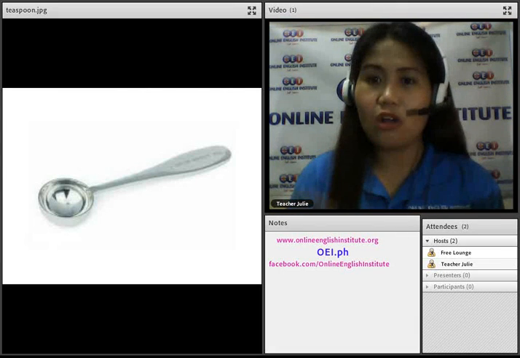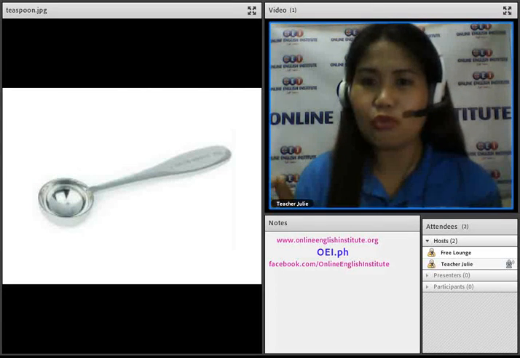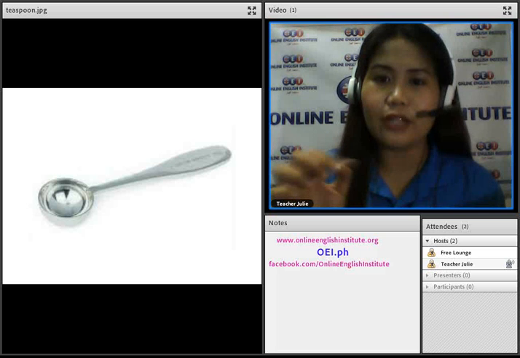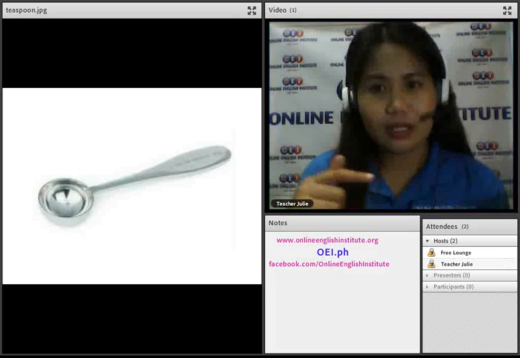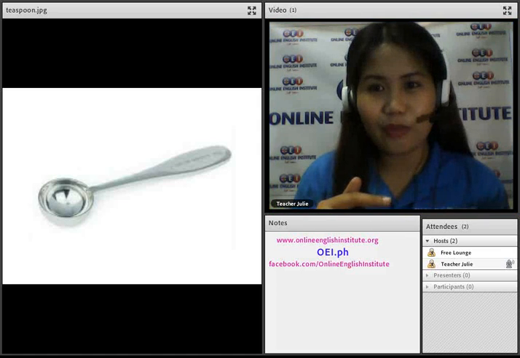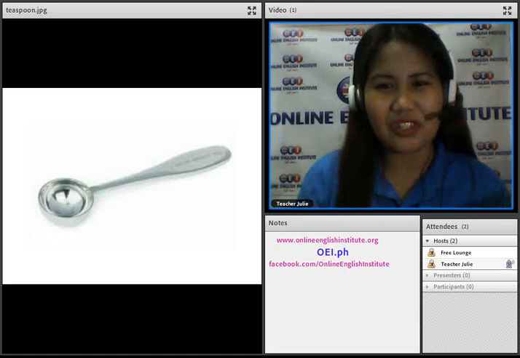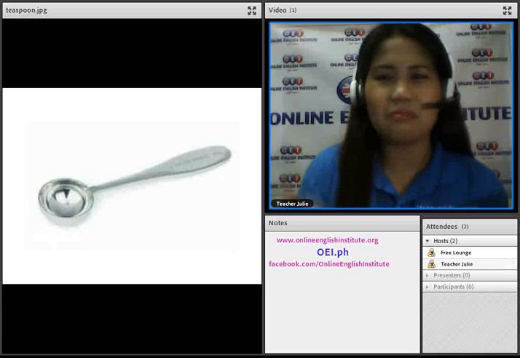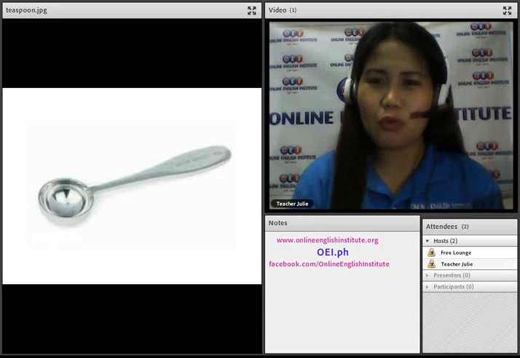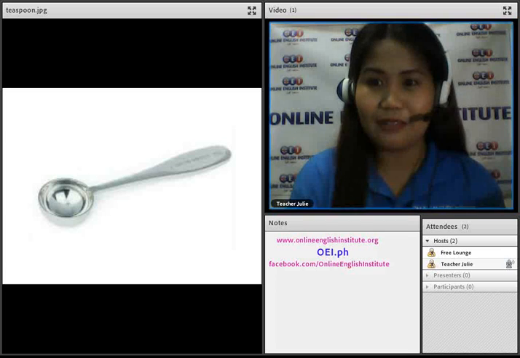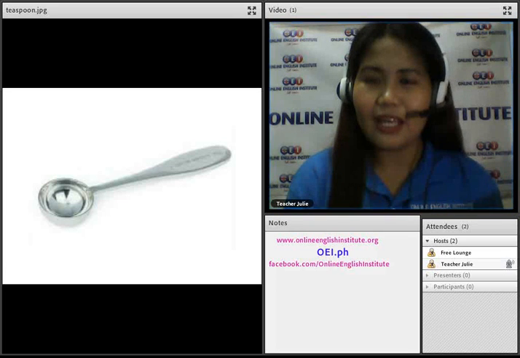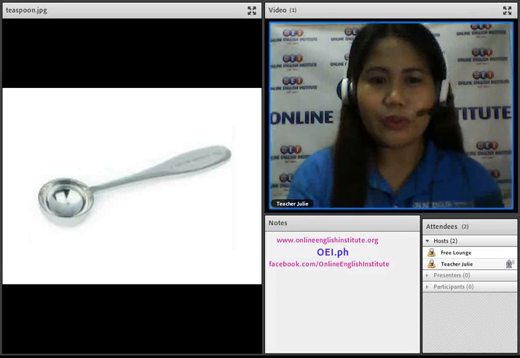It's called teaspoon because it's usually used when we are trying to put some sugar in our tea, and we don't want much sugar in our tea, right? Otherwise, the tea would taste differently, right? Okay, so there you go with our teaspoon.